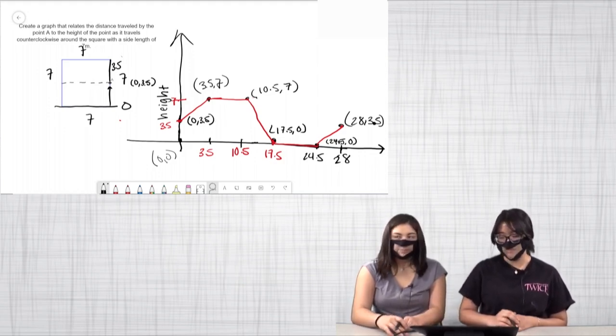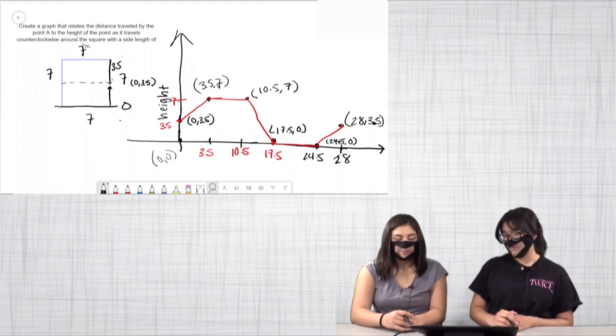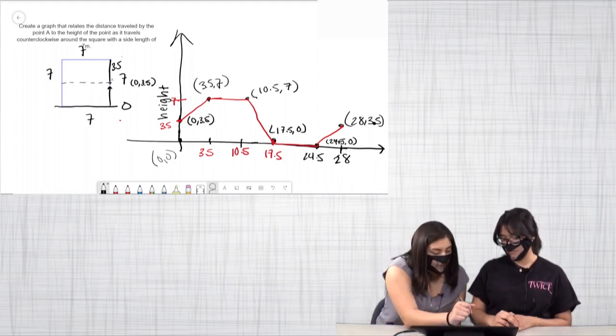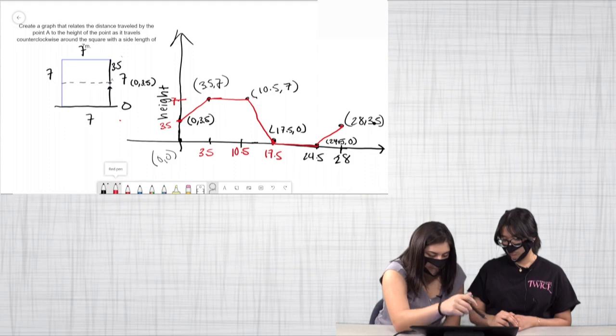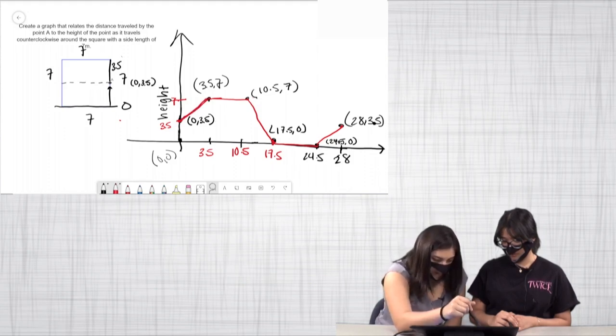Very good. Zoe, could you coordinate your graph with where the point would be on the square? Yeah, so starting here, actually, I'm going to color code. So this segment is this.